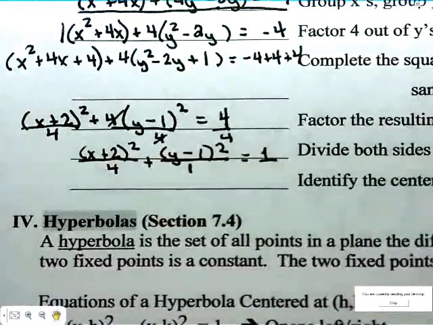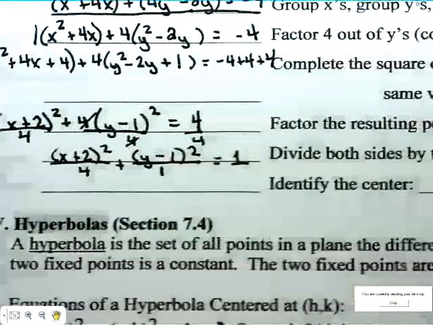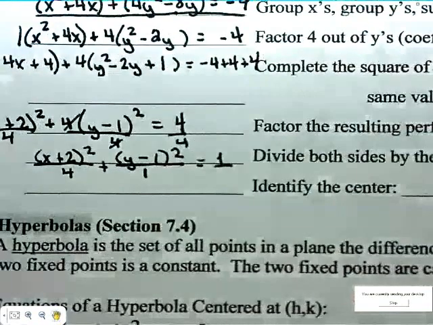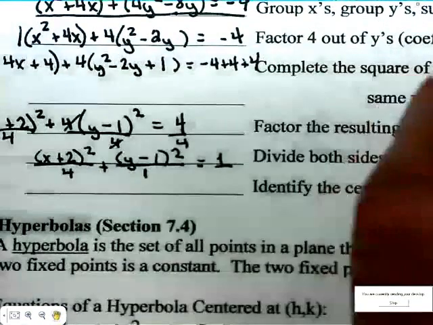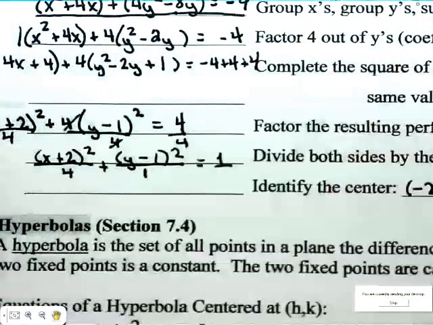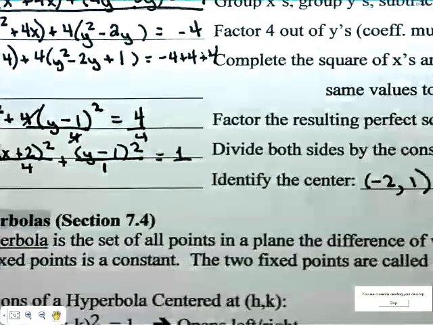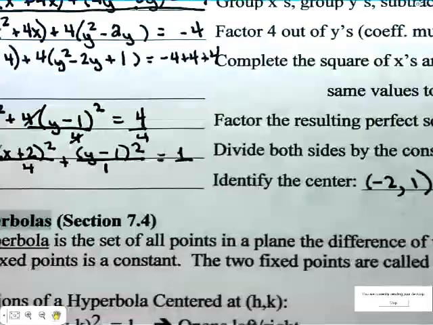So what's the center of this ellipse? -2, +1. Opposite of both guys in parentheses. And the A is 2 and the B is 1.